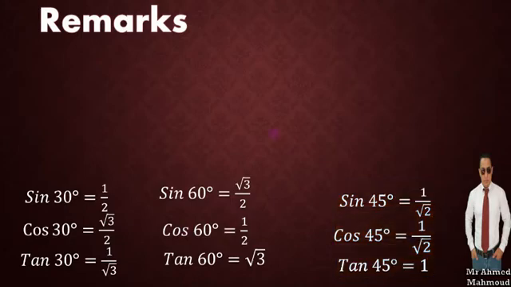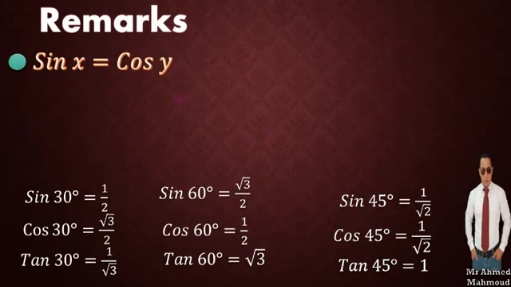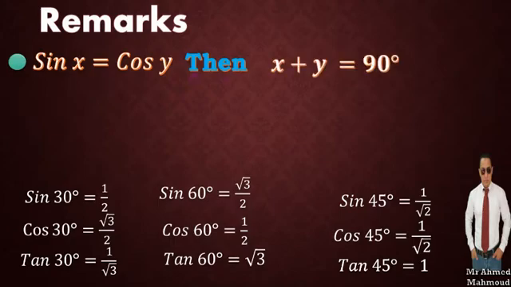The remark is: if sine x equals cosine y, then the sum of x and y equals 90 degrees. Don't forget, if the sum equals 90, then the two angles are called complementary angles. So the sine and the cosine of two complementary angles are equal, and this is explained by the numbers here.